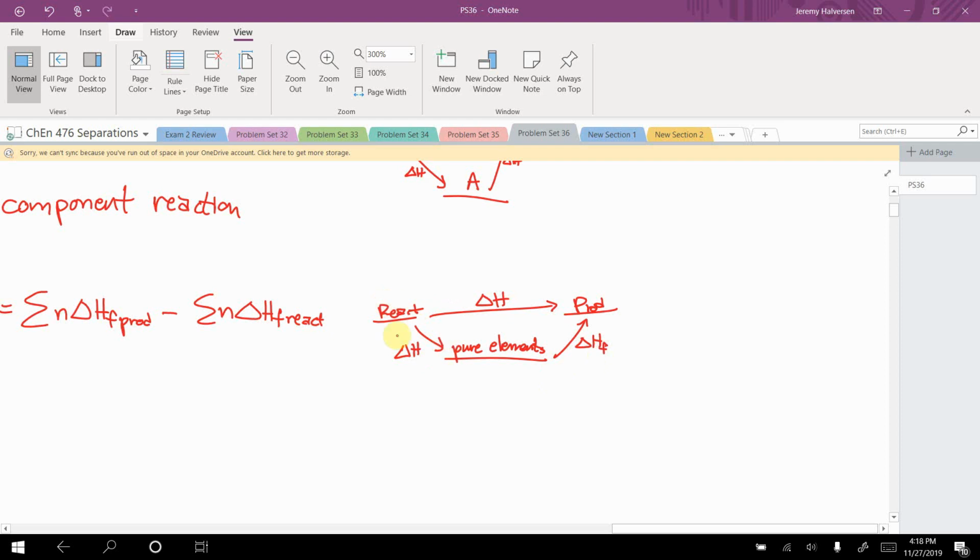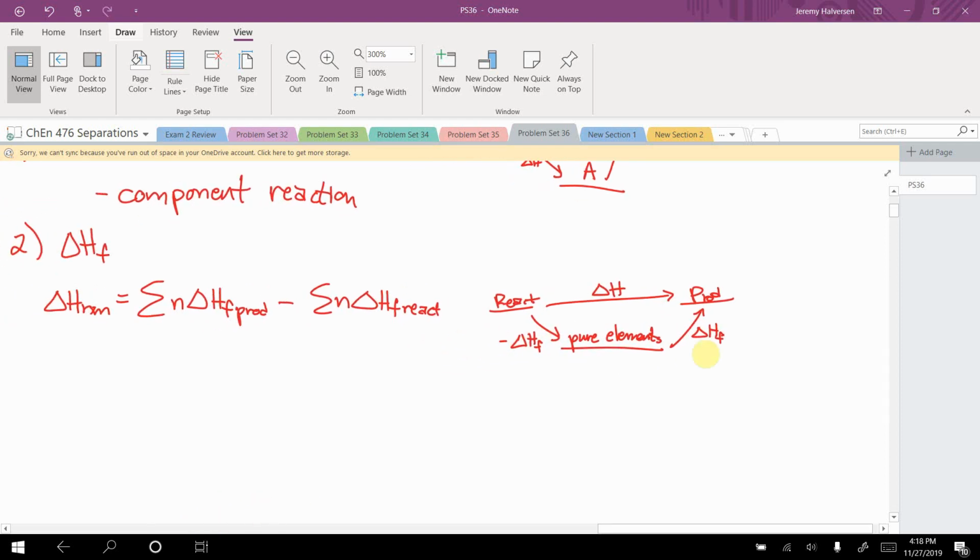If I'm going from reactants to pure elements, that's a negative delta H formation. So that's why I end up with delta H formation of my products and negative delta H formation of my reactants.